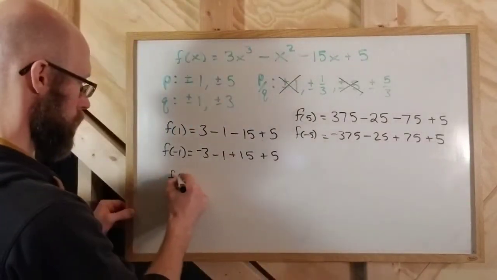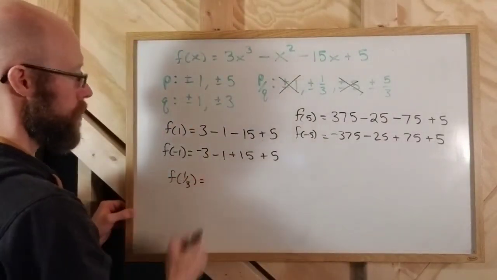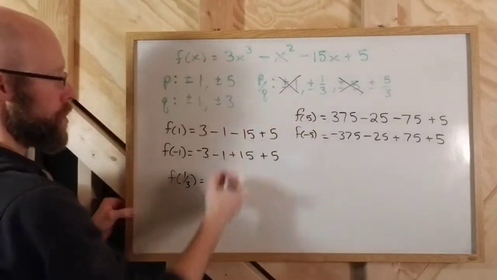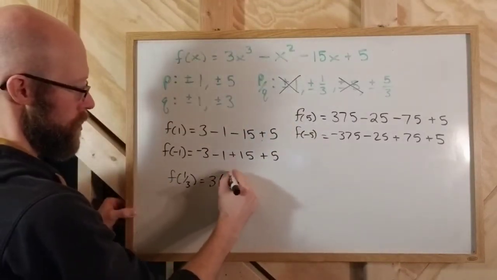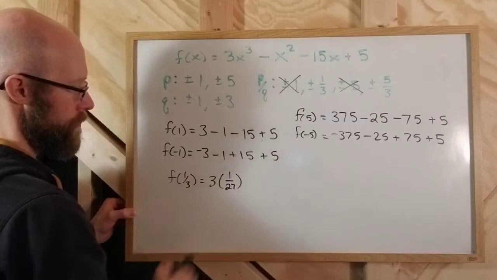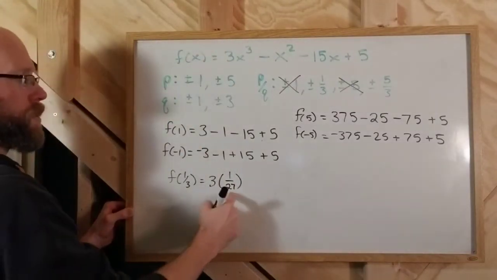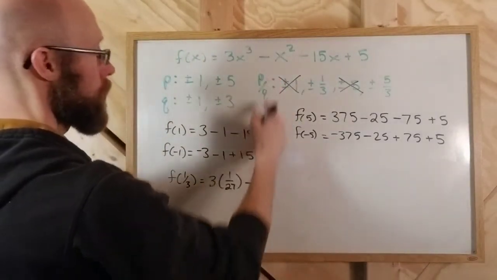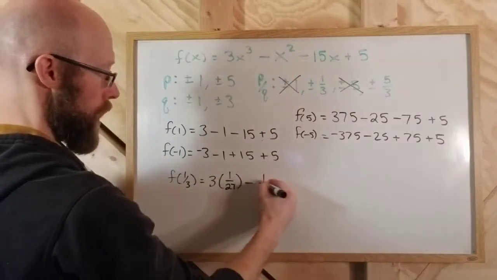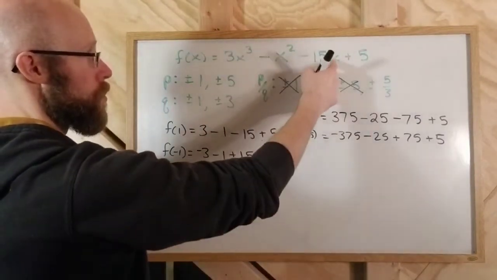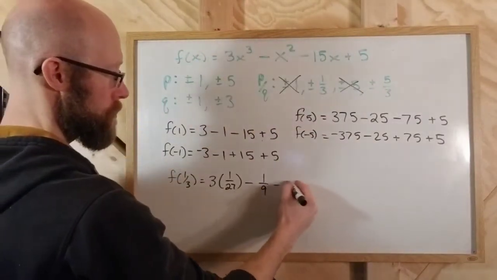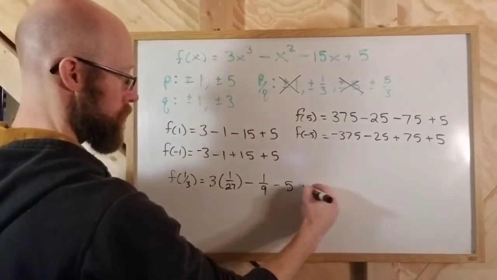So let's do f of 1/3. Well, 1/3 cubed is 1 over 27. So it's 3 times 1 over 27. Then I've got 1/3 squared is 1/9. 1/3 times 15 is 5. And then the plus 5.